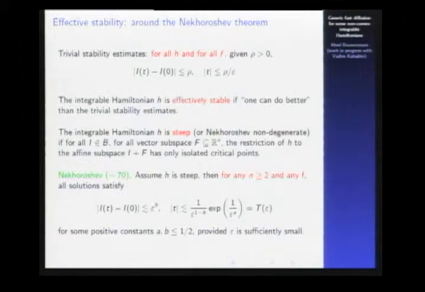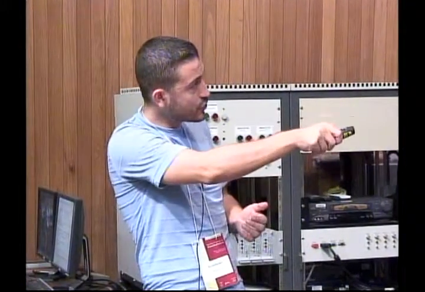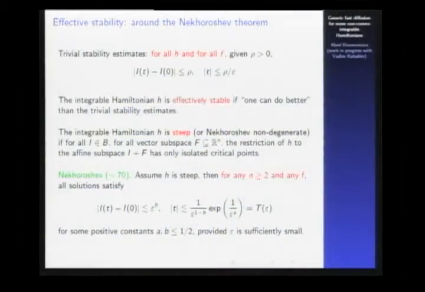I recall that the consequence of KAM theorem gives this for a lot of solutions, but not all of them. So for all solutions, the variation of the action is small for a time interval.